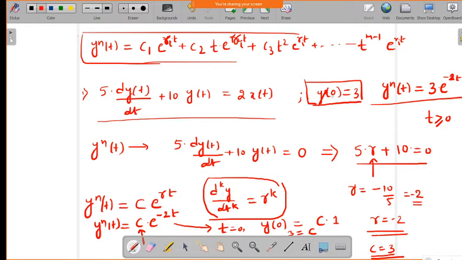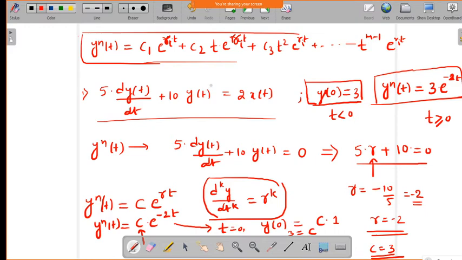When t is less than 0, the output of the system is at the rest position, so this solution exists for t greater than or equal to 0.